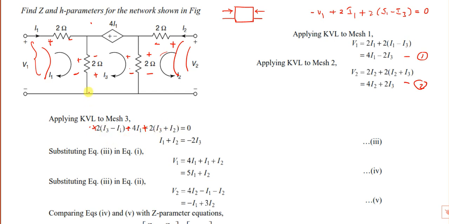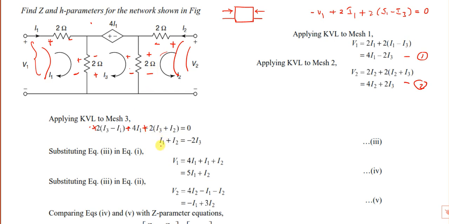So 2 into I3 minus I1, this is already the voltage source, plus 4I1 plus 2 into I3 plus I2. Both are positive because the directions of I3 and I2 are the same.